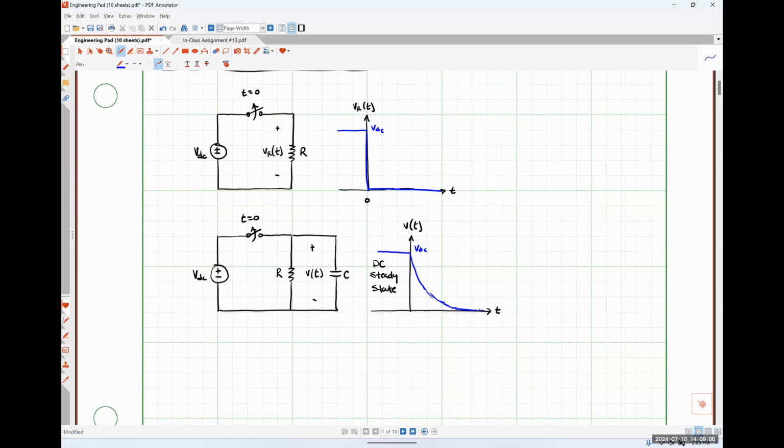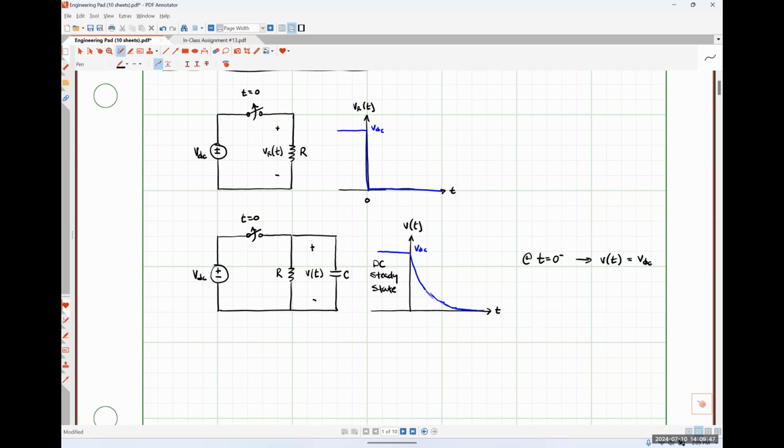So let's explain why it settles back down. At t equals 0 minus, our voltage V of t will be exactly equal to VDC.